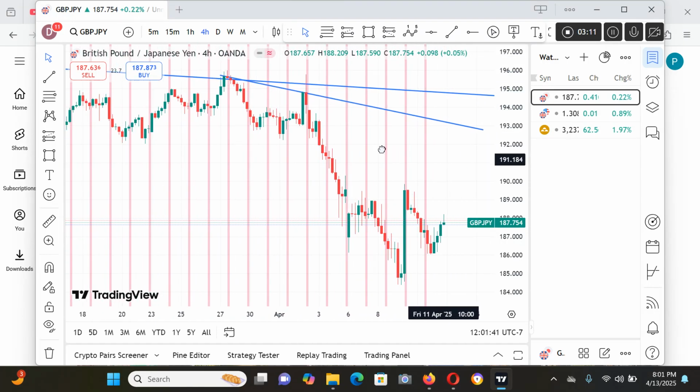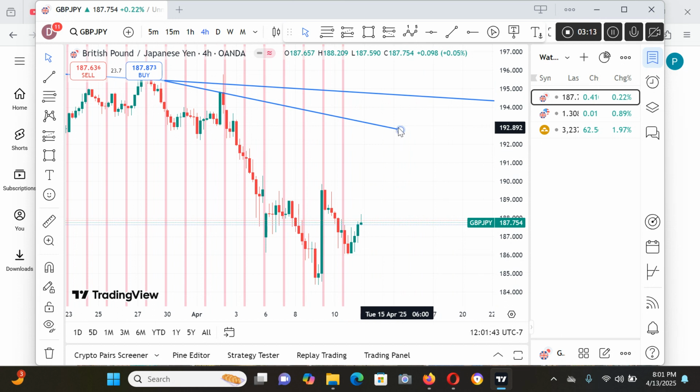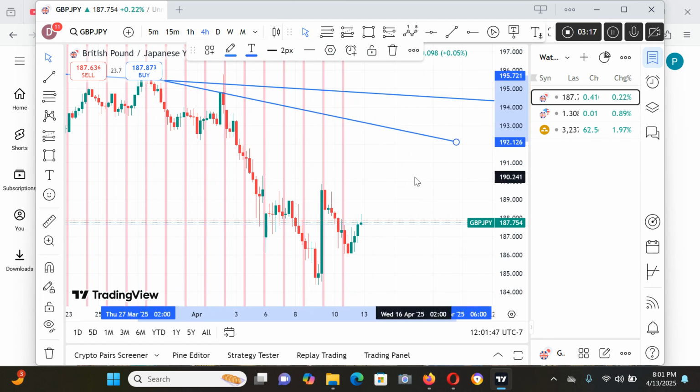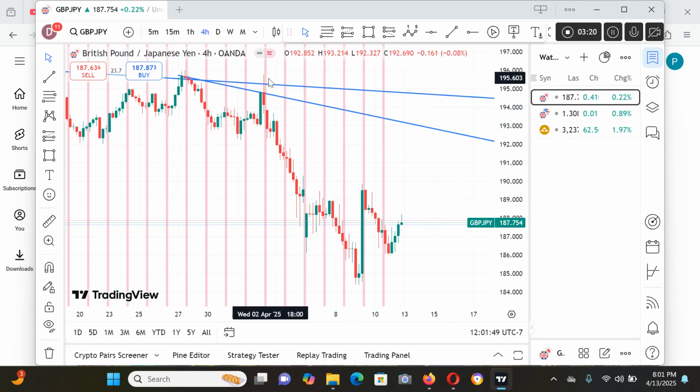Looking at this chart, you will agree with me that we can still draw another trend line from here to here, because according to the rules, we need at least two peaks for a downtrend, and for an uptrend we need at least two troughs.